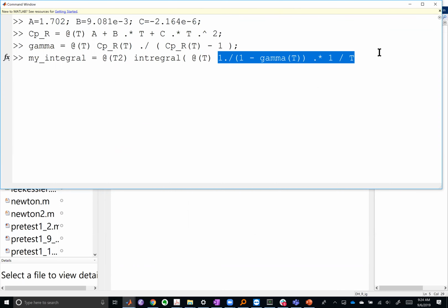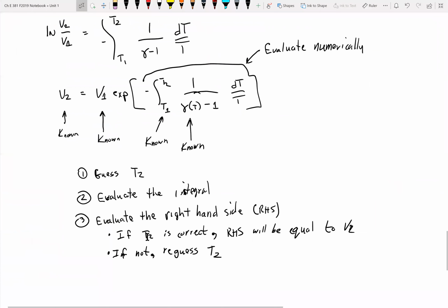All right, this expression right here, if we go back to the notes, is just the integrand, right? So I took the minus sign, and it's 1 minus gamma instead of negative gamma minus 1.